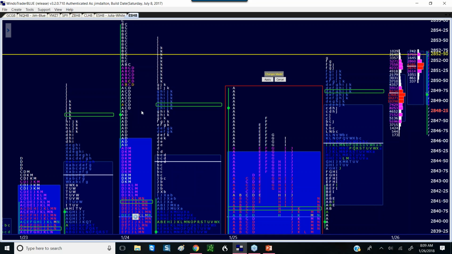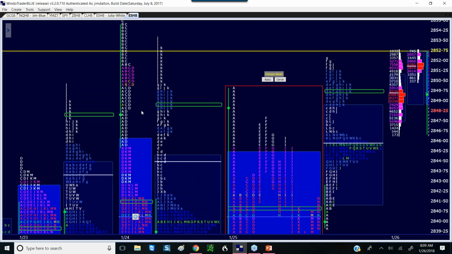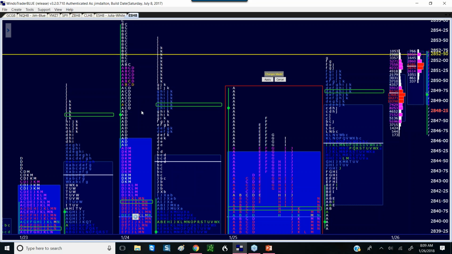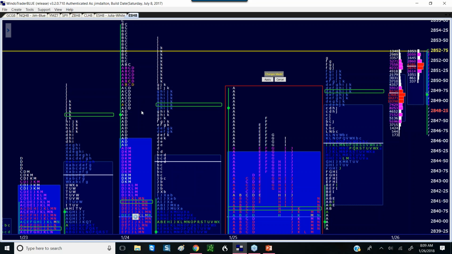Now, to add a little more context to this, also today was an important number, and that was the first look at fourth quarter GDP. The market hasn't had much reaction to it this morning, although value is building higher.